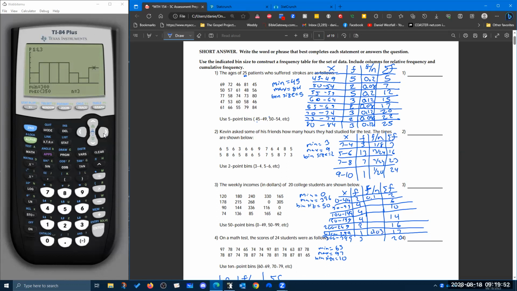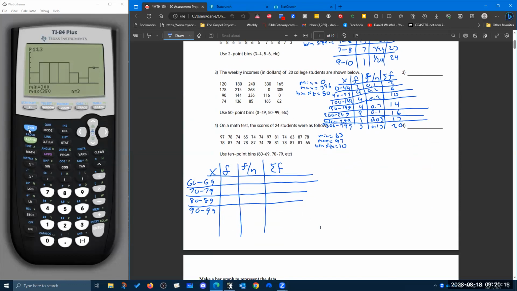This is 0.1, and then this is 0.15. So if I add all those together, that's exactly 1.